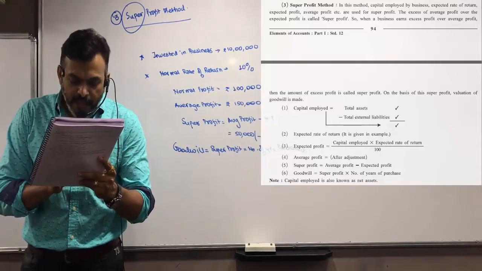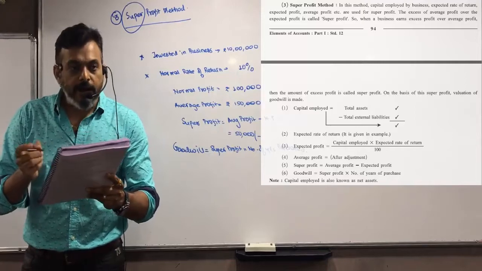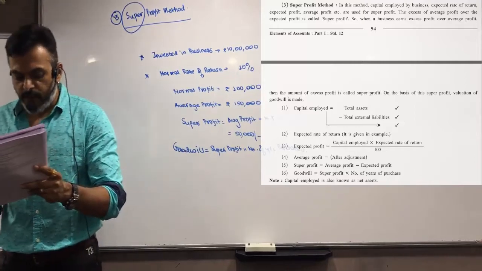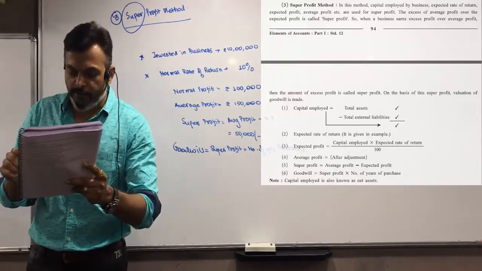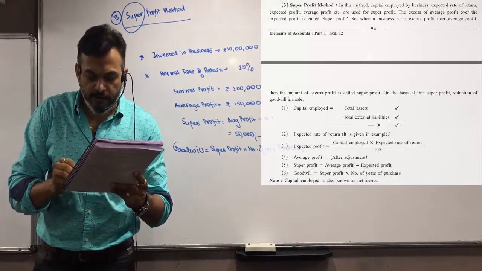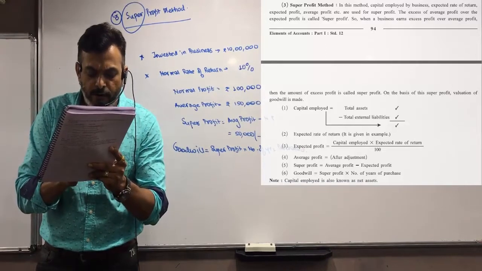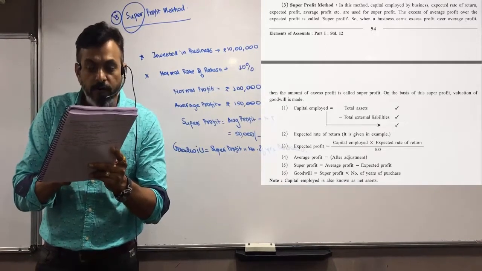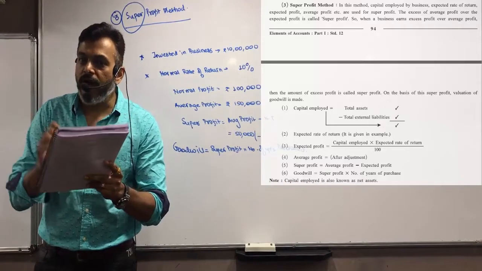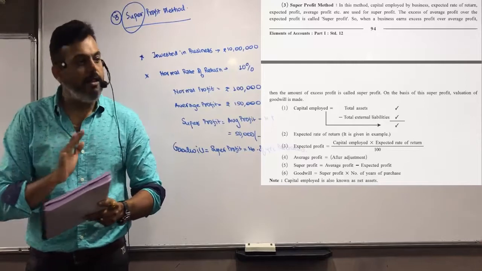Then average profit is used for super profit. The excess of average profit over expected profit is called super profit. Or we can write over here the excess of average profit over the normal profit. In the exam you will write the word expected, but what is expected? It is your normal profit.